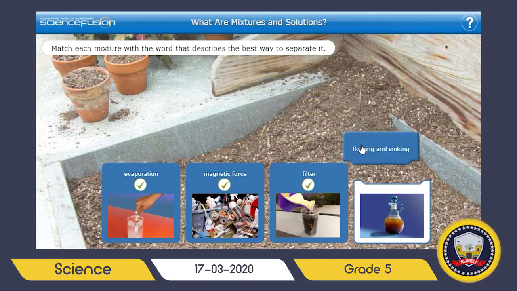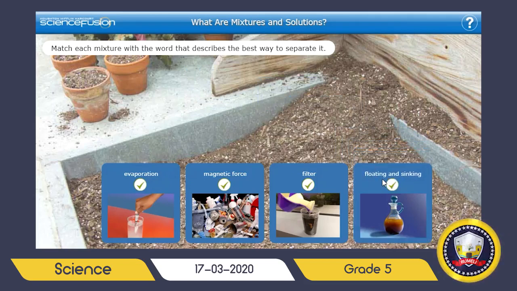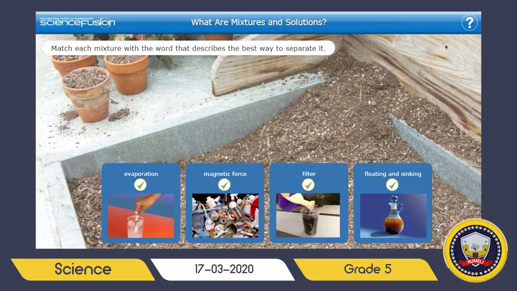So we can use density, which can also be considered as floating and sinking, the first thing that I explained to you, to separate the salad dressing. So mixtures can be separated by using floating and sinking, by filtrating, by magnetic force or evaporation, or the other properties like shape, color, and state that I explained to you before.